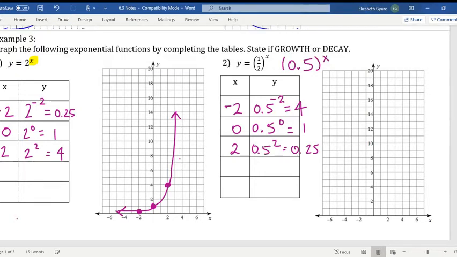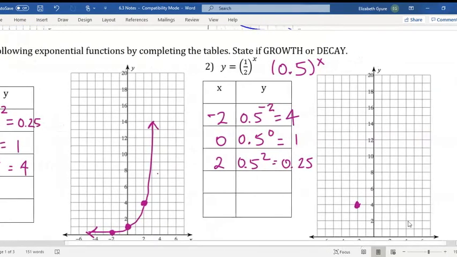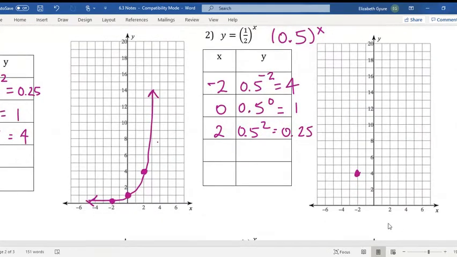Okay, so this time, this is actually kind of the opposite of the one we just did. We have -2 and then 4. So at -2, go up 4 and put a dot. So right here. At 0, go up to 1.